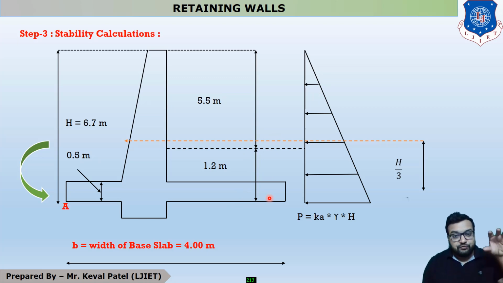Now force into perpendicular distance is the moment. You can see that this force is acting on this side, and when it is transferred to this point, it generates an anticlockwise moment. What is the value of the moment?